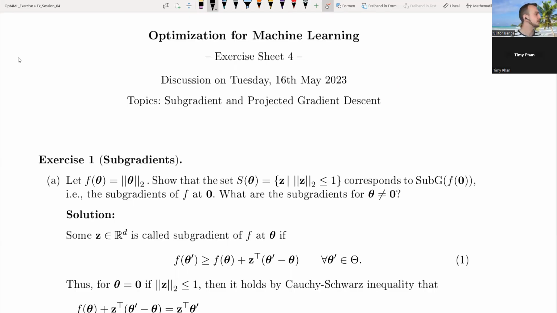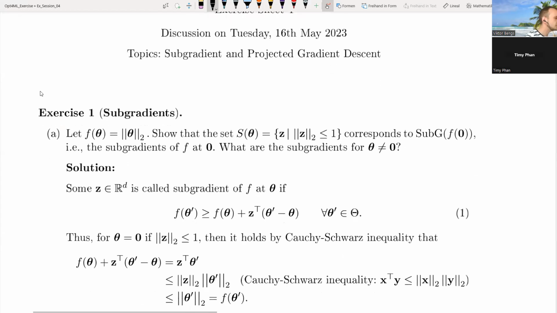This property is more or less similar to the first order characterization of convexity when we have differentiable convex functions. So we will also have a look at this property, which is more or less formula 1. But let's first start with part A of this exercise.